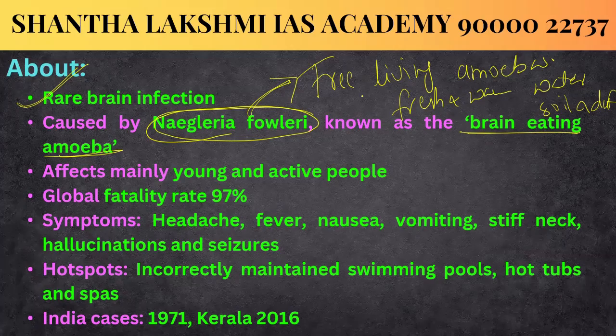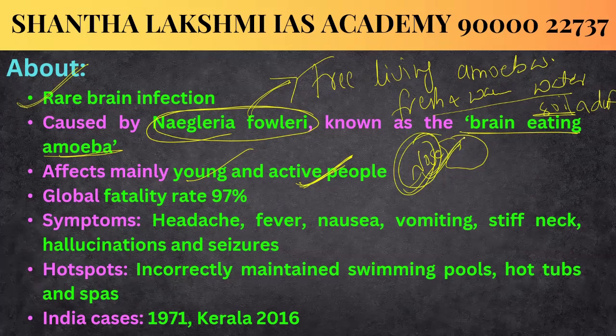It affects mainly young and active people. As this amoeba lives in the water and the soil, it will enter the human through the nose, and from the nose it will enter the brain, and there it will damage the tissue. That's how the brain will be swelled. It will affect the brain.